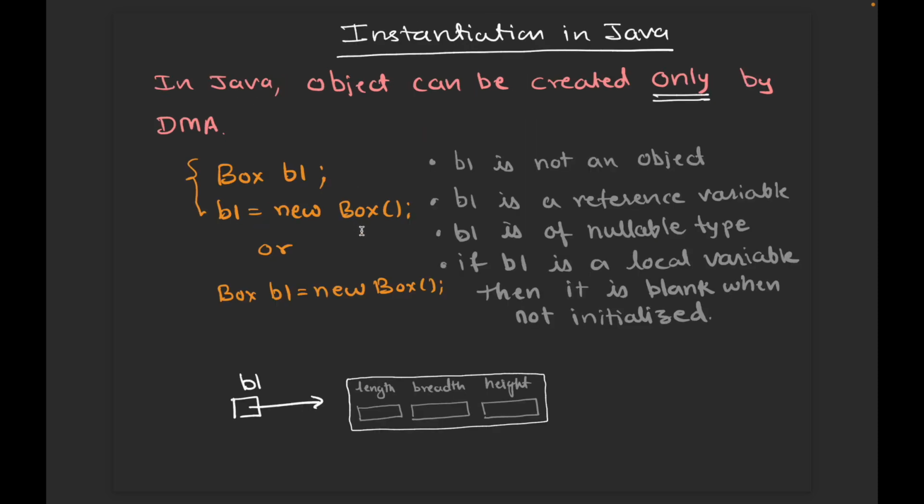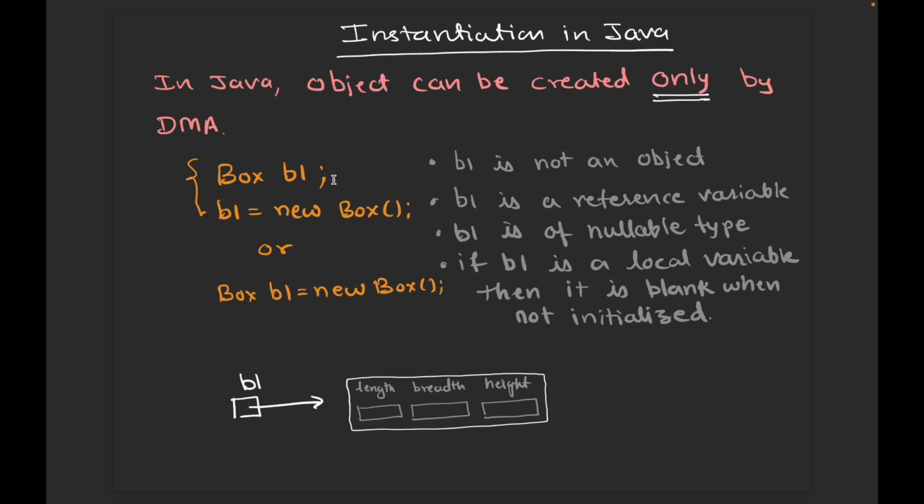If you write Box b1 in a main method, that means only b1 is not an object. You need to initialize it with new Box. You have two choices: you write these two lines or this one line. Only b1 is not an object. b1 is a reference variable.